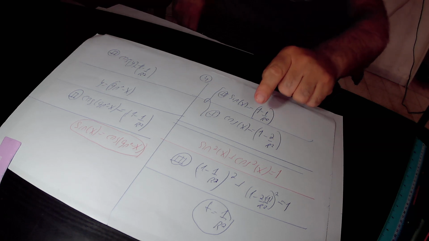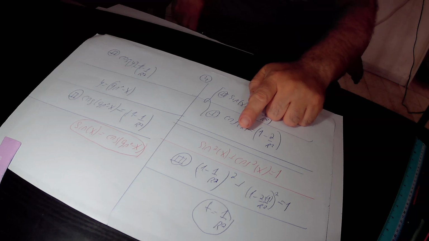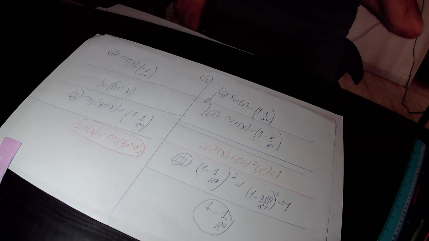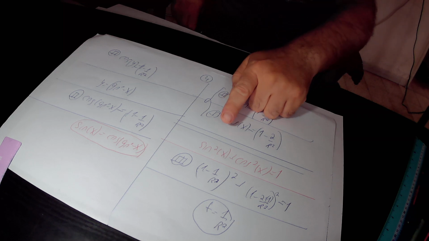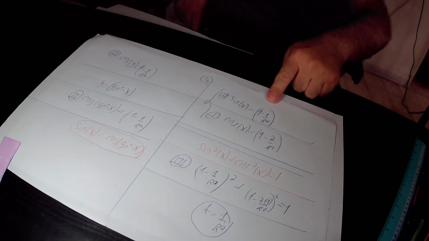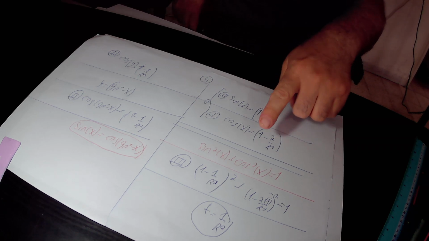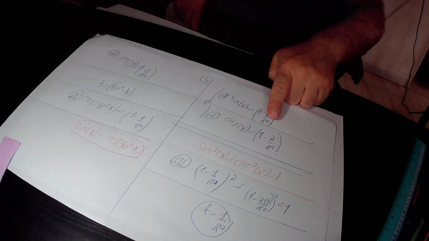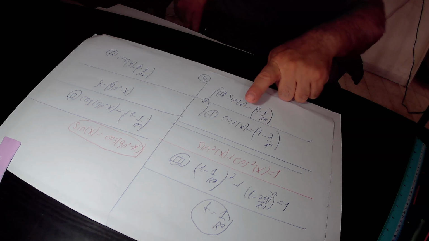We have the trigonometric identity that states that sine squared x plus cosine squared x equals 1. So now we can substitute sine x in this identity by 1 minus 1 over r squared, and we substitute cosine x by 1 minus 2 over r squared, because 1 minus 2 over r squared equals cosine x.